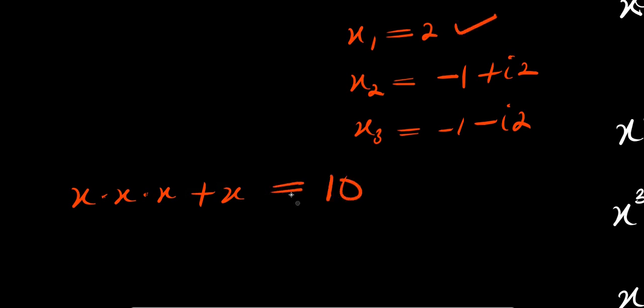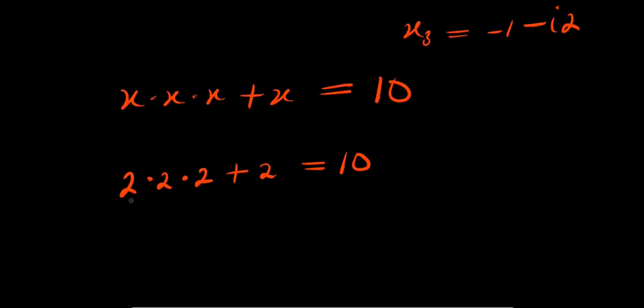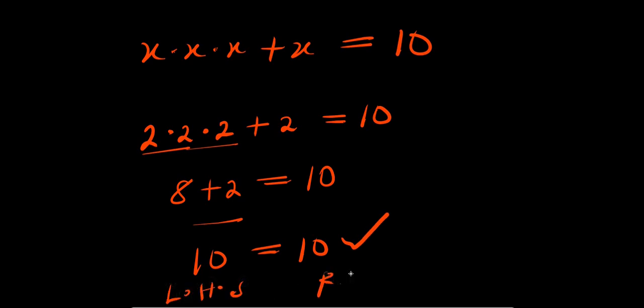Let's substitute this for x. So we have 2 times 2 times 2 plus 2 equals 10. 2 times 2 is 4, 4 times 2 is 8, plus 2 equals 10. And 8 plus 2, that is 10, equals 10. The left hand side equals the right hand side.